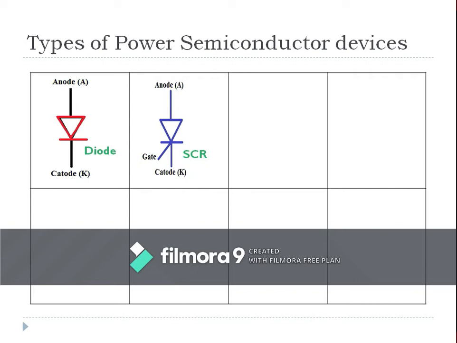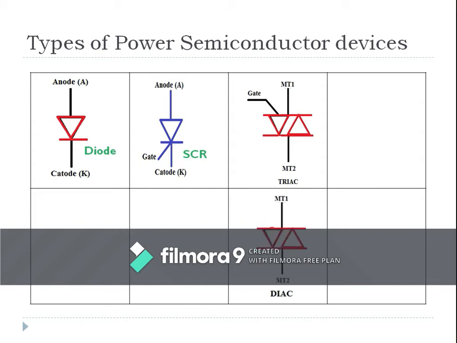Like SCR, different devices are available according to the applications, like TRIAC, which has 3 terminals, MT1, MT2 and the gate. Next, DIAC. DIAC is a 2-terminal device named MT1 and MT2, main terminal 1 and 2.